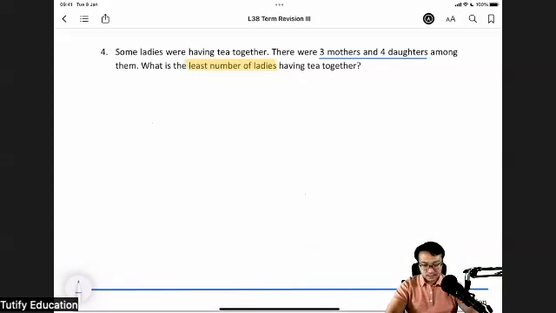The mother. Mother is the oldest. Okay, sure. So how many daughters does this mother have? One, only one daughter. Okay, then there's only one daughter and one mother. That's it. Do you have 3 mothers and 4 daughters?